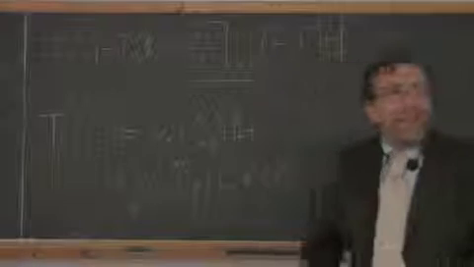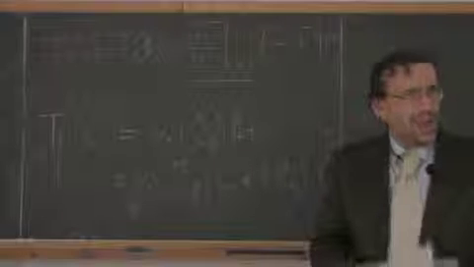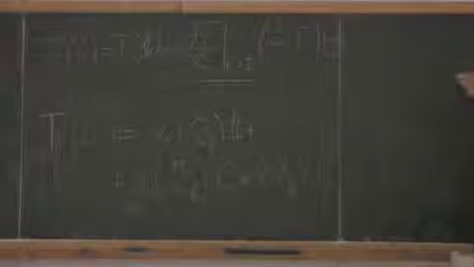Now, at the end of the story, we discovered that all this can be written, and this is what we will prove, as lambda times E plus mu E plus 2 lambda trace of E identity, where mu and lambda are some constants.